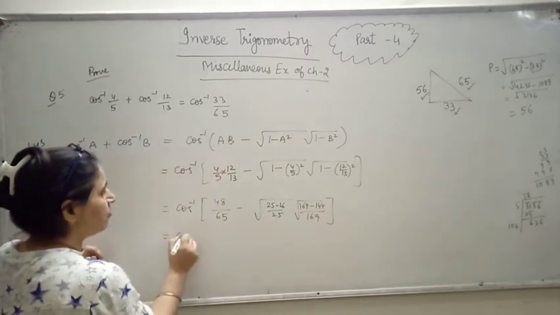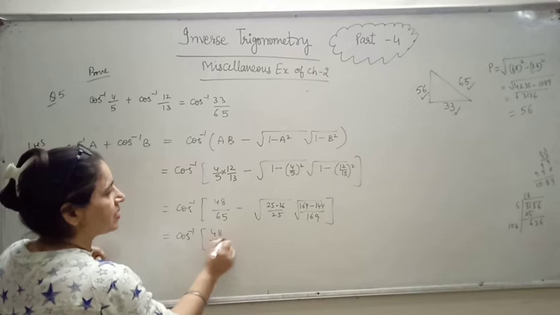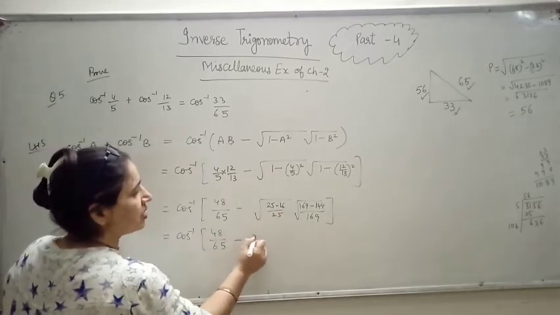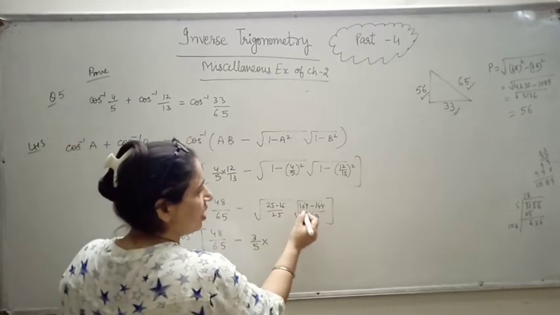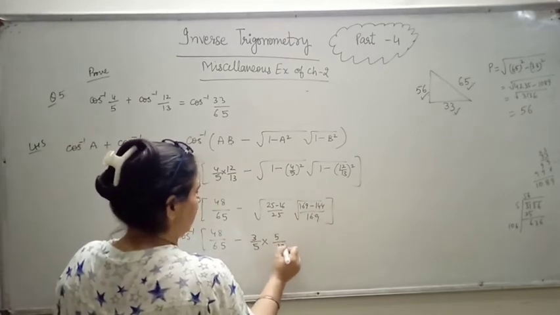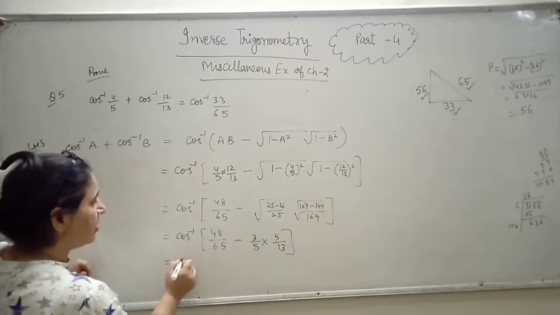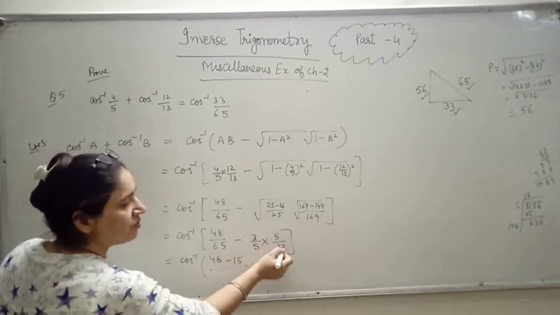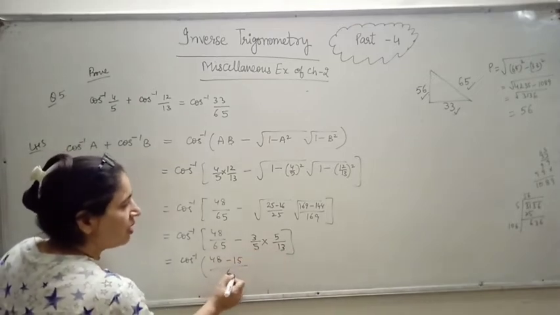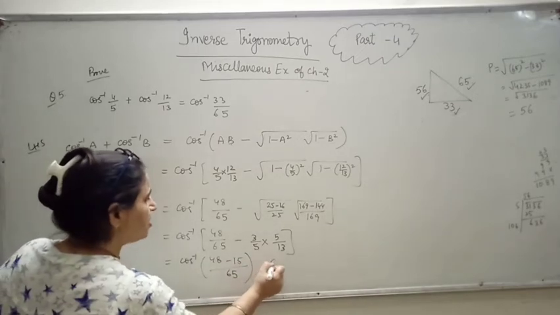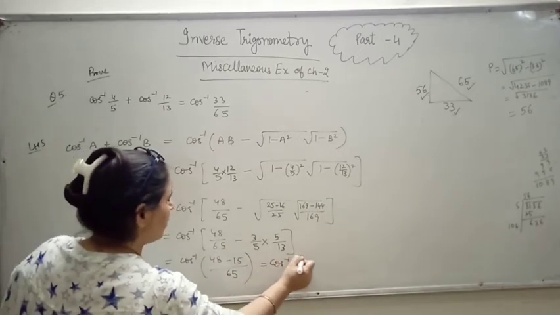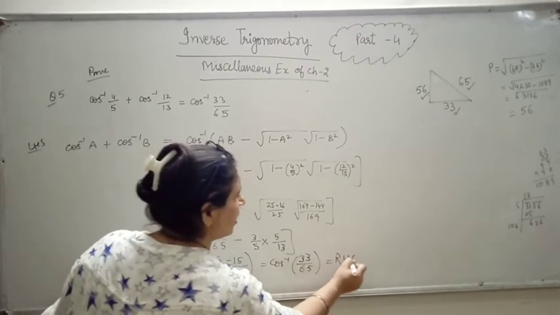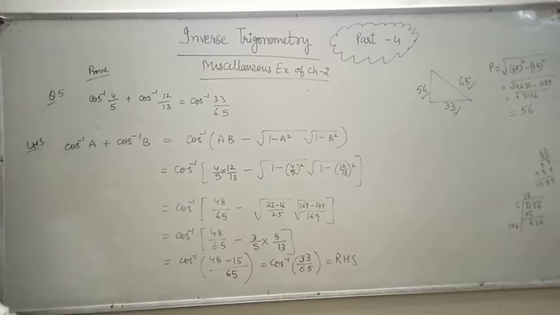So now it would become cos inverse 48 by 65, this is 9 by 25 means 3 by 5, and 25 by 169 means 5 by 13. So now if I calculate, this is cos inverse of 48 minus 15 by 65, 13 fives are 65. So now it is cos inverse 33 by 65, that is equal to your right hand side. You can do it in this way also.